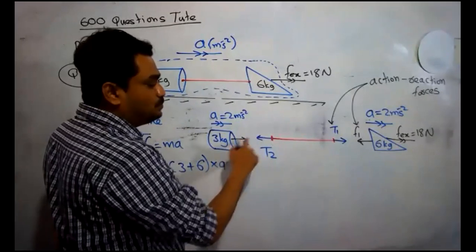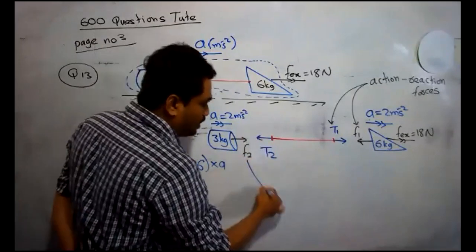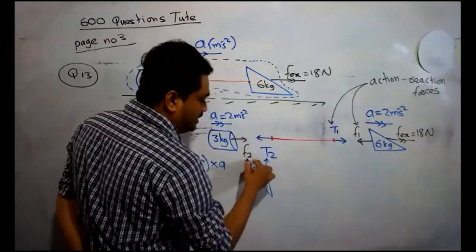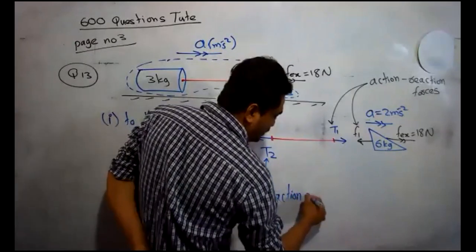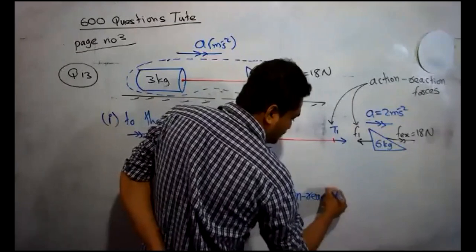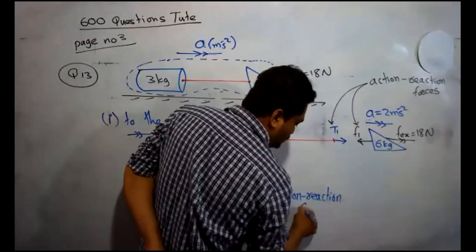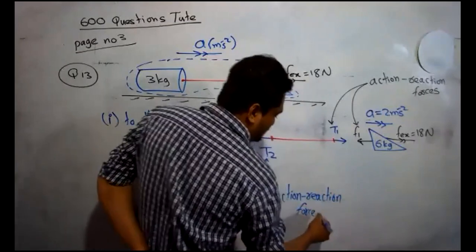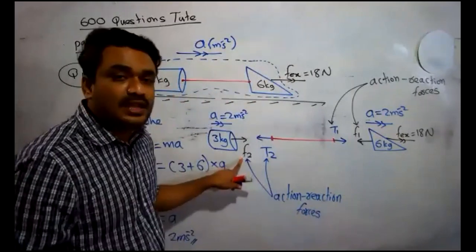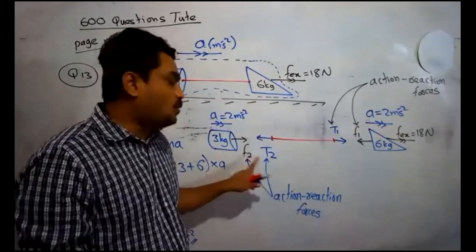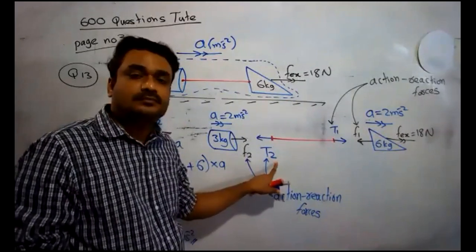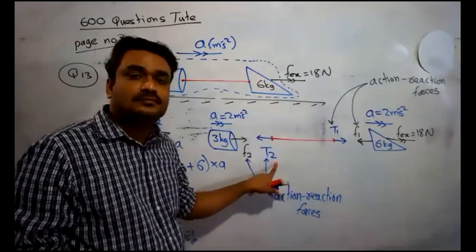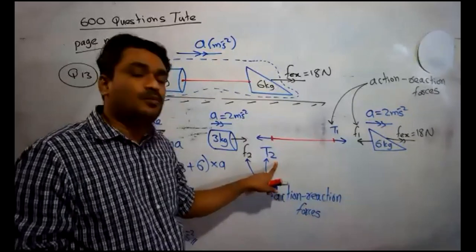T2 is given by the object to the string. They are equal in magnitude, opposite in direction. Therefore, they are called action reaction forces. Right. Now, if F2 is 10 Newton, what should be the size of T2, dear? 10 Newton.